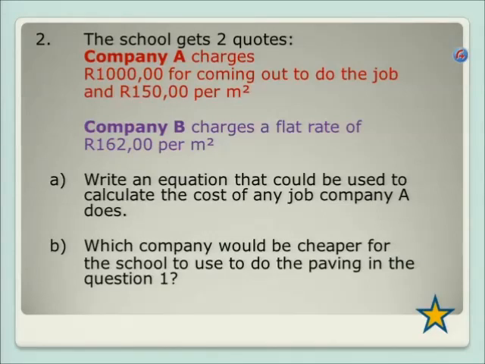And then you must decide, substitute the value 88,36 into your formula to see which one would be cheaper, Company A or Company B. But I'll tell you what, first write the formula for Company B. Let's see if you can do it. Cost equals, remember, something on the left, something on the right.